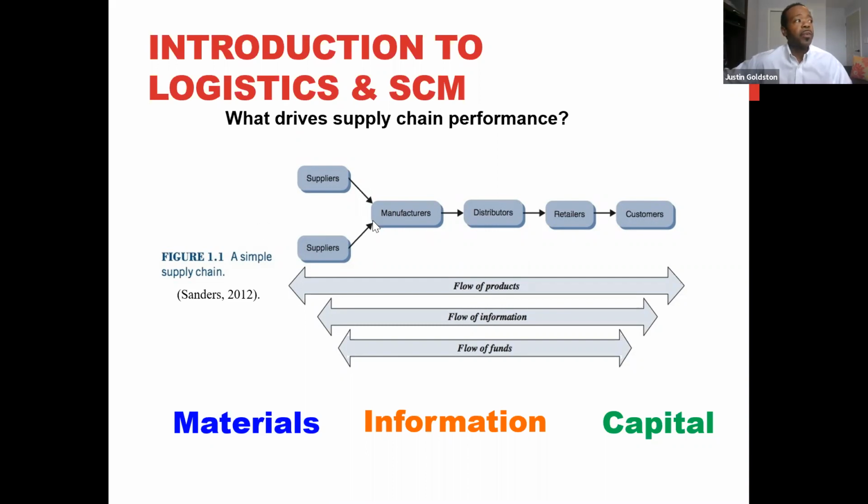So Procter and Gamble manufactures the toilet tissue, and then they're going to send it to distributors around the world. Think Amazon. Procter and Gamble will send toilet tissue to the hundreds of Amazon distribution centers around the world. It's going to send it to the dozens of Walmart distribution centers around the world.